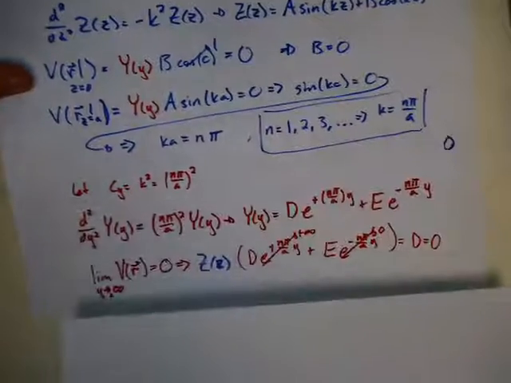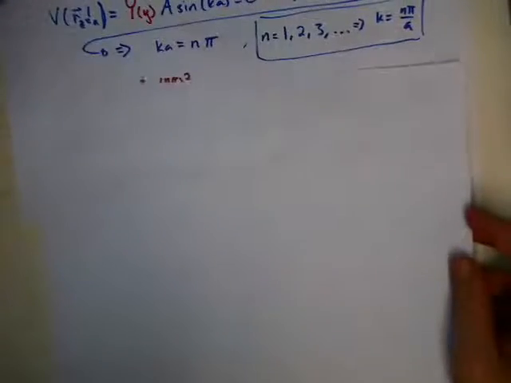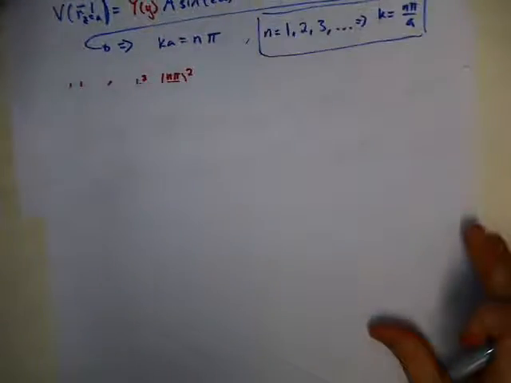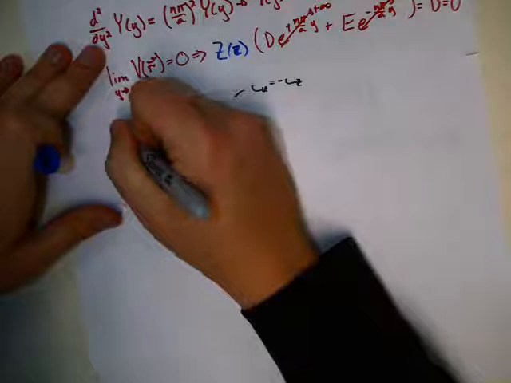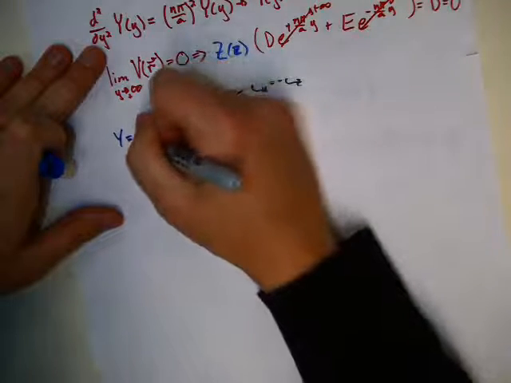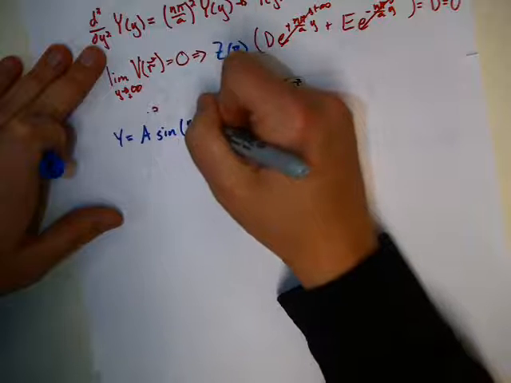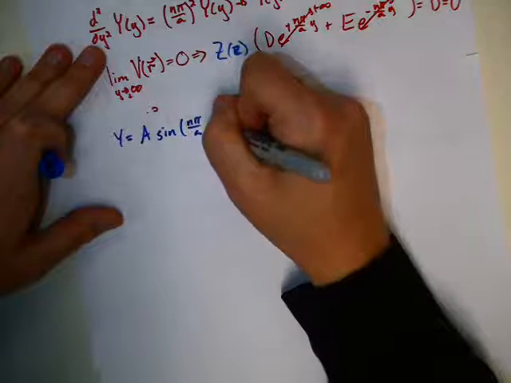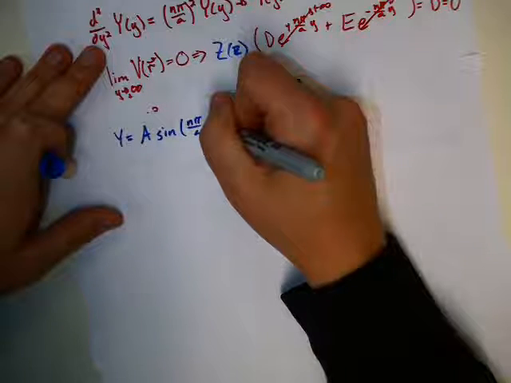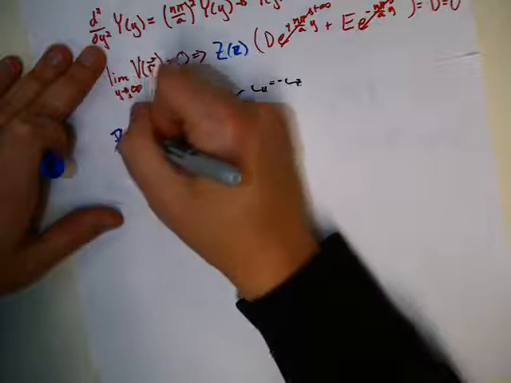So I'm going to take these two results that we have so far and summarize them, because I'm not sure I've done that so far. We have that z is going to be equal to a sine of n pi over a, so this was z, I apologize.